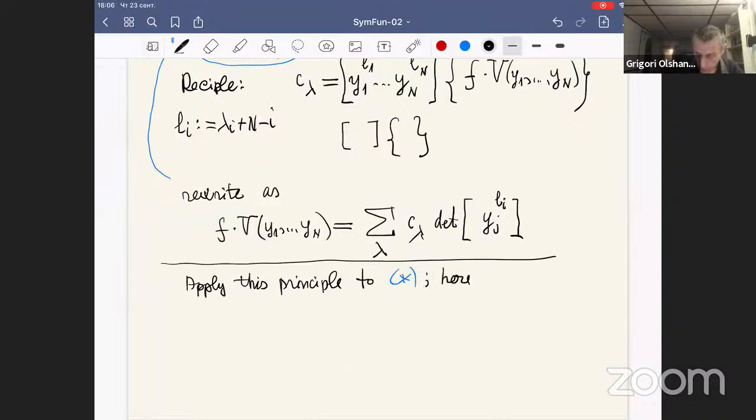And here, C sub lambda is not a number, but the whole Schur function. But it's not important because we can work in any algebra of coefficients.